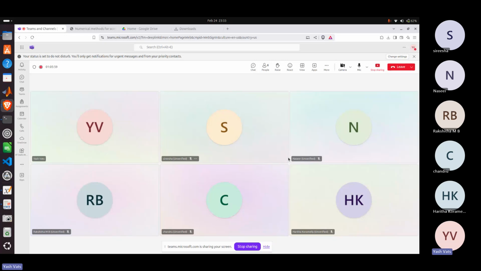For iterative methods, you really need one initial point to start with, x naught, y naught, whatever, because it is absent in direct methods, where you find the solution directly. Then you start your second iteration, third iteration, until you reach the solution.